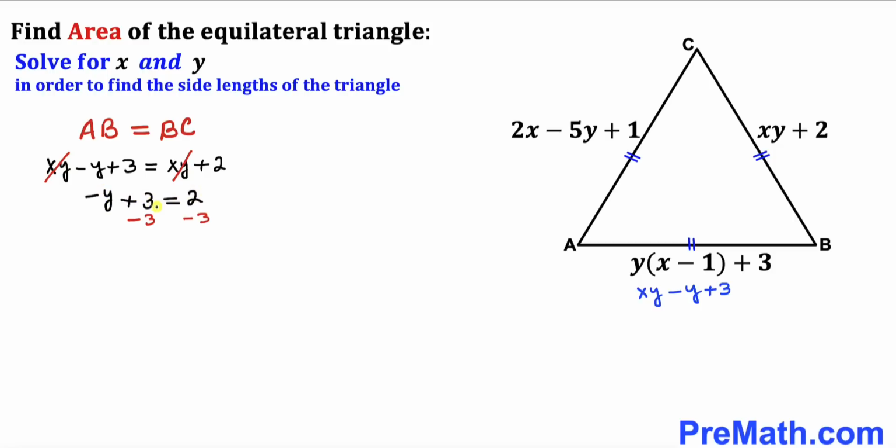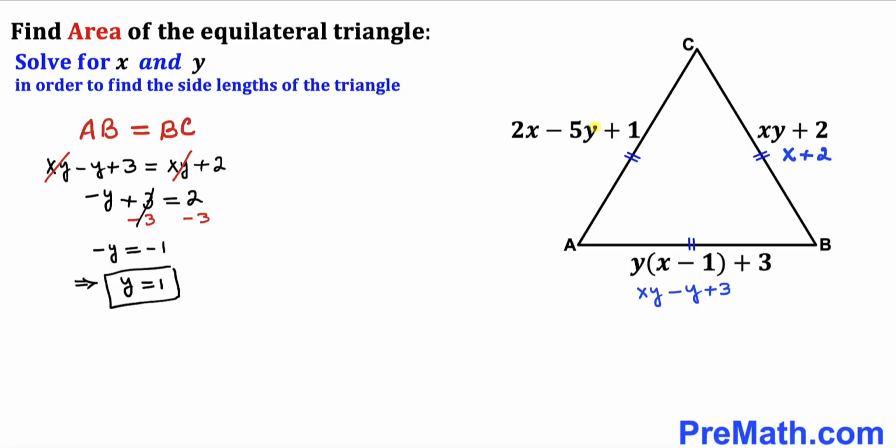Now let's subtract 3 from both sides. This is gone. So negative y turns out to be equal to negative 1. That means our y value turns out to be positive 1. Now let's substitute this y value in this expression. Replacing y by 1, this becomes x times 1 plus 2, or simply x plus 2.